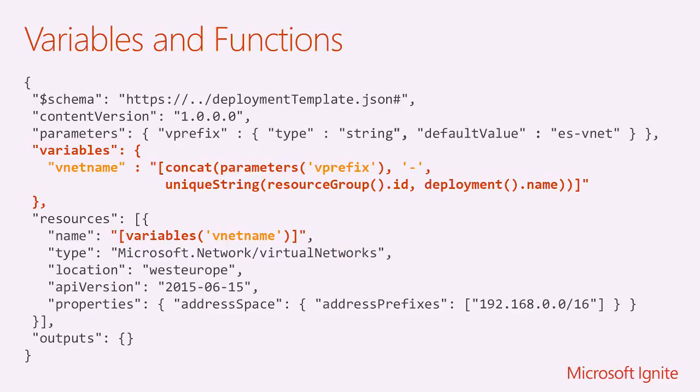So in this particular case, we let the user provide a prefix for the virtual network, and then we concatenate that prefix with a unique string across the resource group ID and the deployment name. That unique string gives us a unique hash for this particular deployment in this particular resource group. And then we use that variable name, that VNet name, as the name for our virtual network. So all pretty straightforward stuff so far.